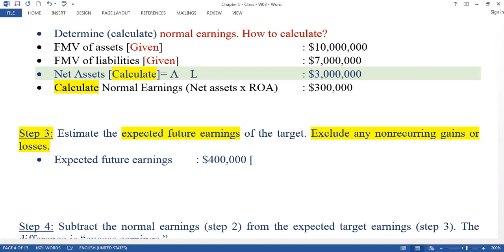In the real business world, especially to calculate this, we need some adjustments. We need some adjustments to calculate expected future earnings.